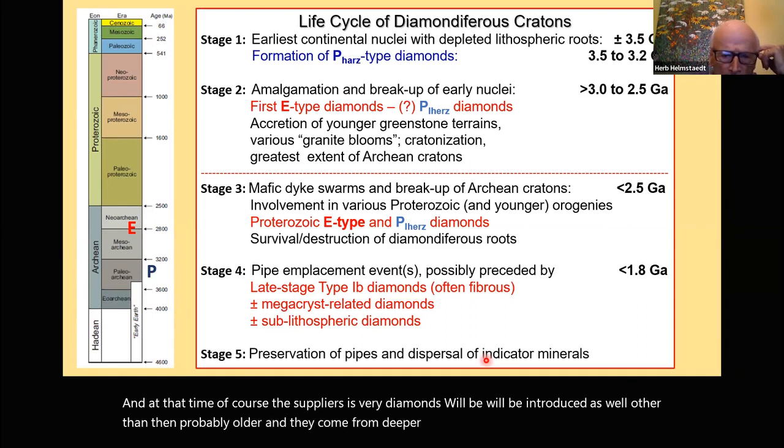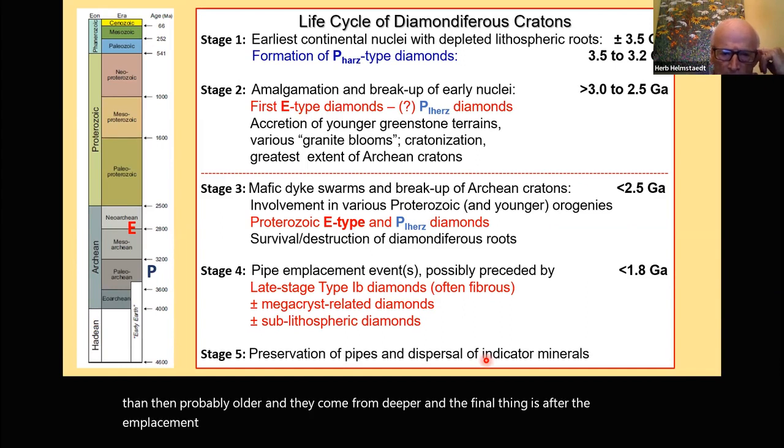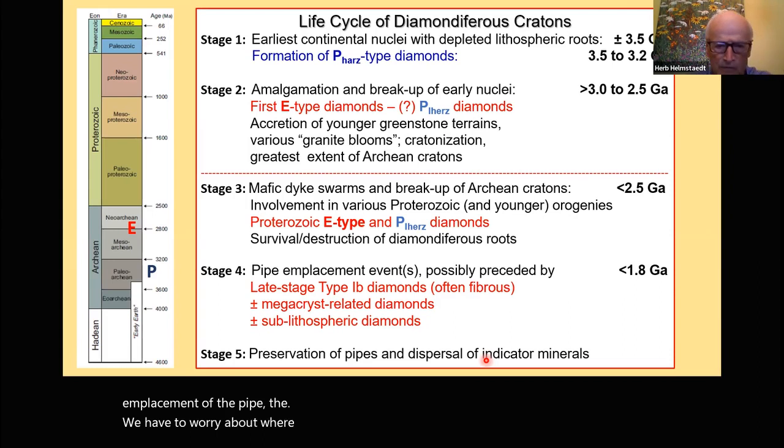And the final thing is, after the emplacement of the pipe, we have to worry about where the pipes are preserved and how the indicator minerals are dispersed. We won't go much into that.